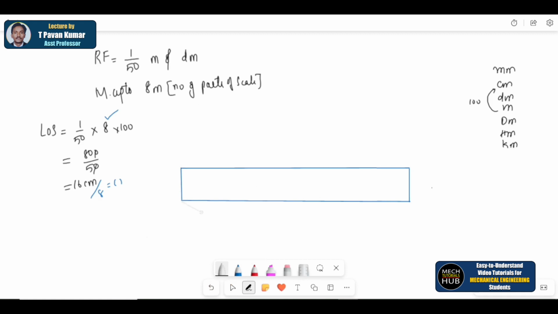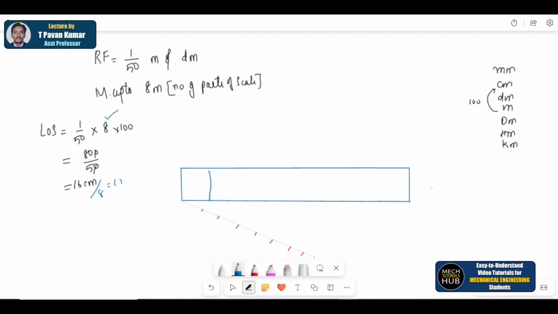Draw any acute angle of indefinite length, then divide it into 8 parts: 1, 2, 3, 4, 5, 6, 7, and 8. Join the 8th division with the end point, and accordingly draw the parallel lines. That is what we have seen. Now I'll directly make it.